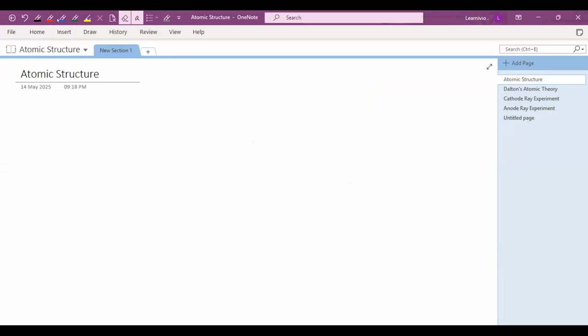Okay, Aisha. So you have read this chapter in class 9th, remember? In which you have learned what is atom, Dalton's atomic theory, the structure of atom, discovery of subatomic particles, atomic models like plum pudding model, Rutherford model, etc. Remember those models?